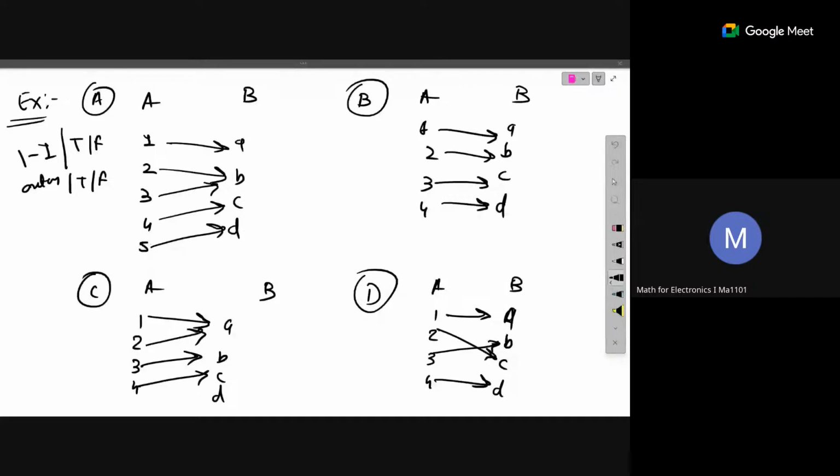It's very easy: two distinct inputs are mapping to the same output. That means f of 2 and f of 3 are both B, but 2 and 3 are not the same. So that's why it's not a one-one function.